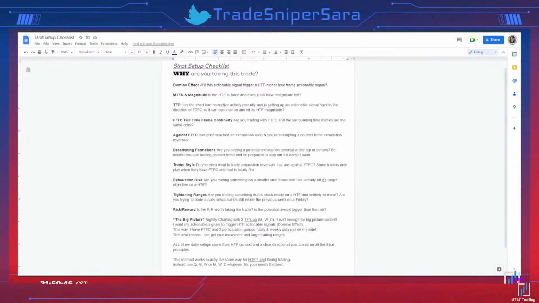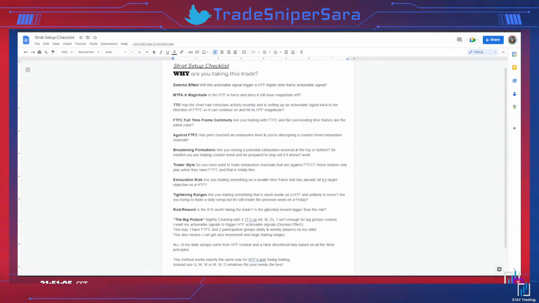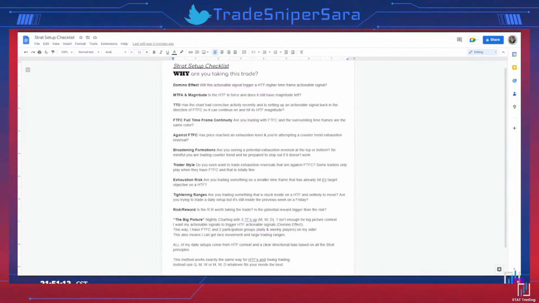This also means if I have a setup triggering a higher time frame setup and going outside of the previous week, I can get nice, big, large trading ranges, because I know we're not confined to a small little area. All of my daily setups come from higher time frame context, and I have a clear directional bias on all of the strat principles.